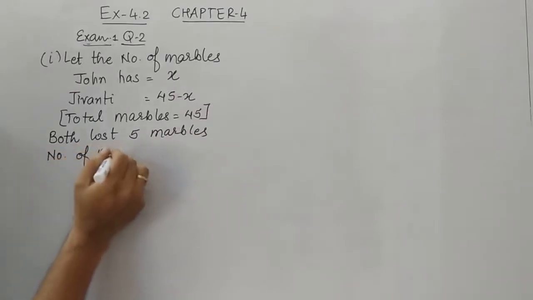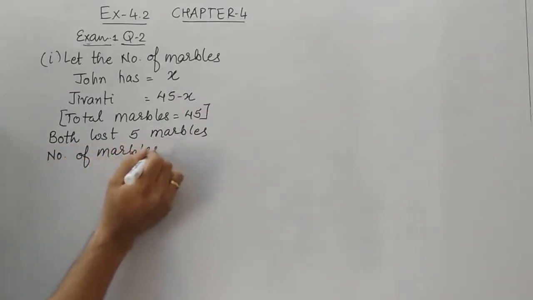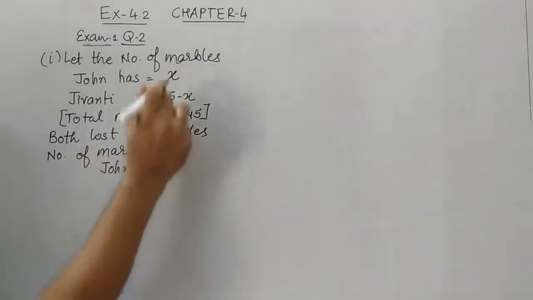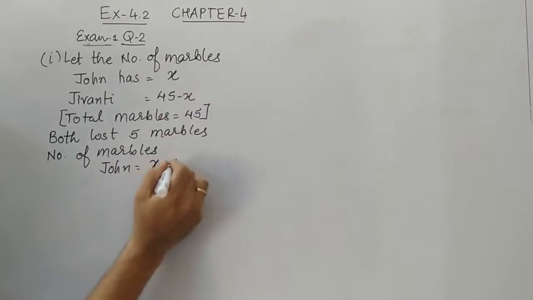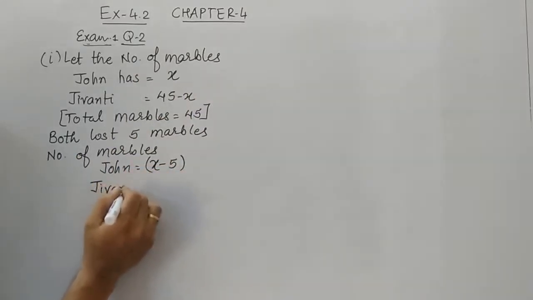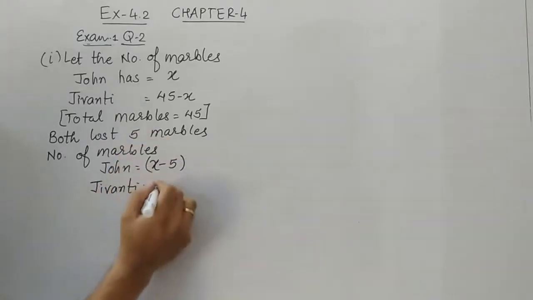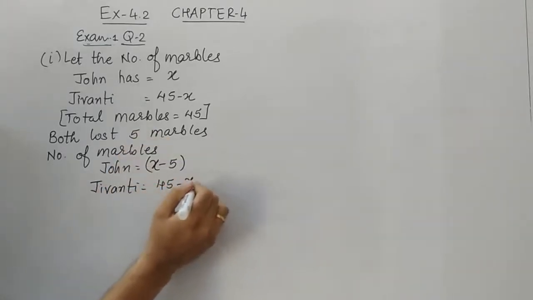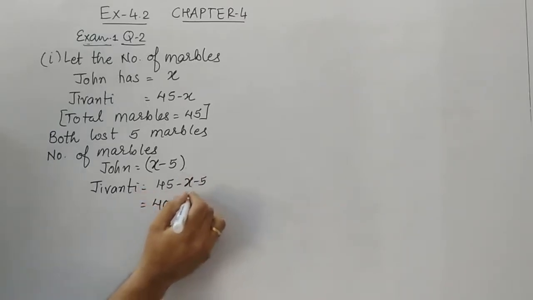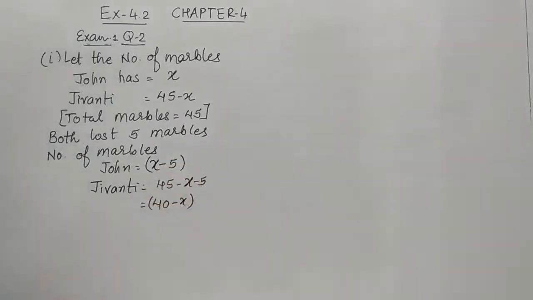Number of marbles John has after losing 5 marbles: initially he has X, so he lost 5. And Jivanti has 45 minus X marbles and she again lost 5, so it becomes 40 minus X marbles. Now this is what they have right now.